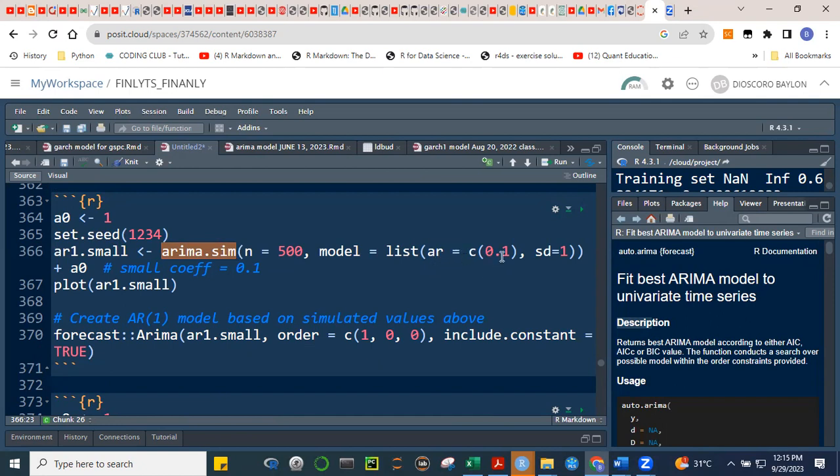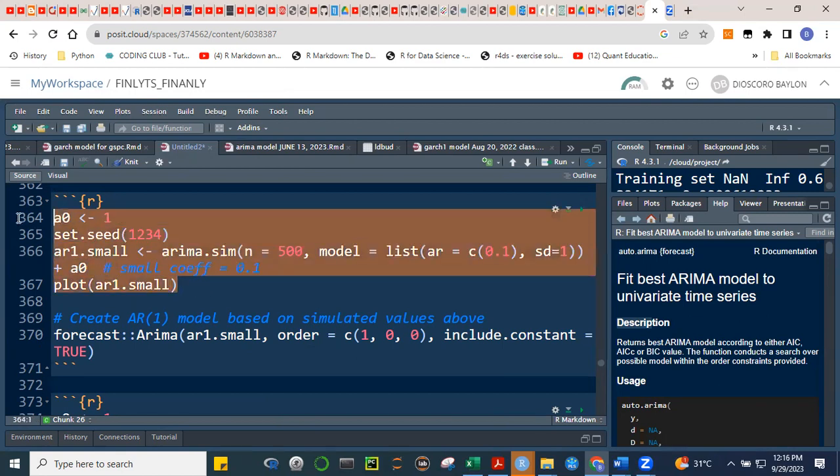And the AR is equal to 0.1. It means, class, it's just an AR1 because there is only one coefficient. It's not ARMA, it's not MA. So AR is equal to 0.1, meaning the coefficient of phi1 is 0.1. And then we define the standard deviation, SD is equal to 1. Let's just peg it at 1. And then we add the constant, which is 1. We defined it to be a sub 0. All right, and then let's ask R to plot whatever this is.